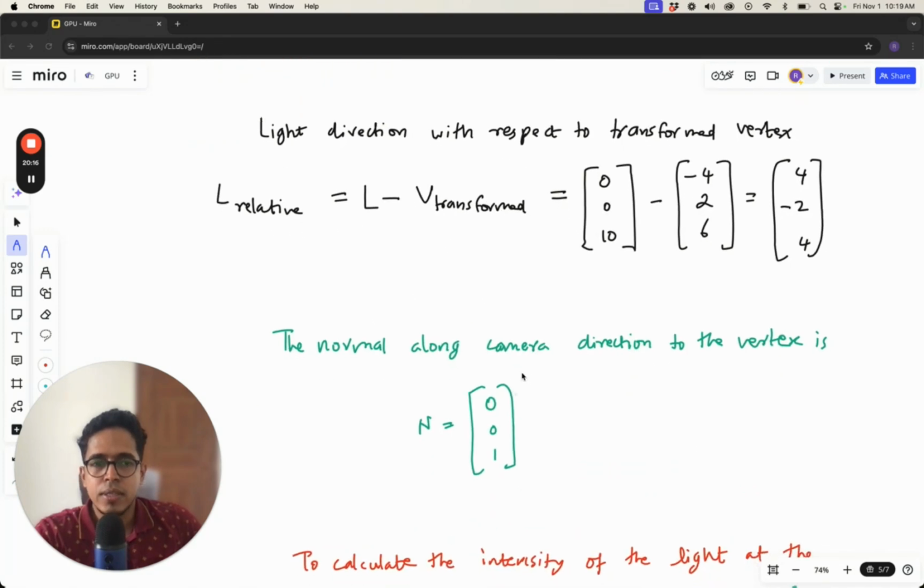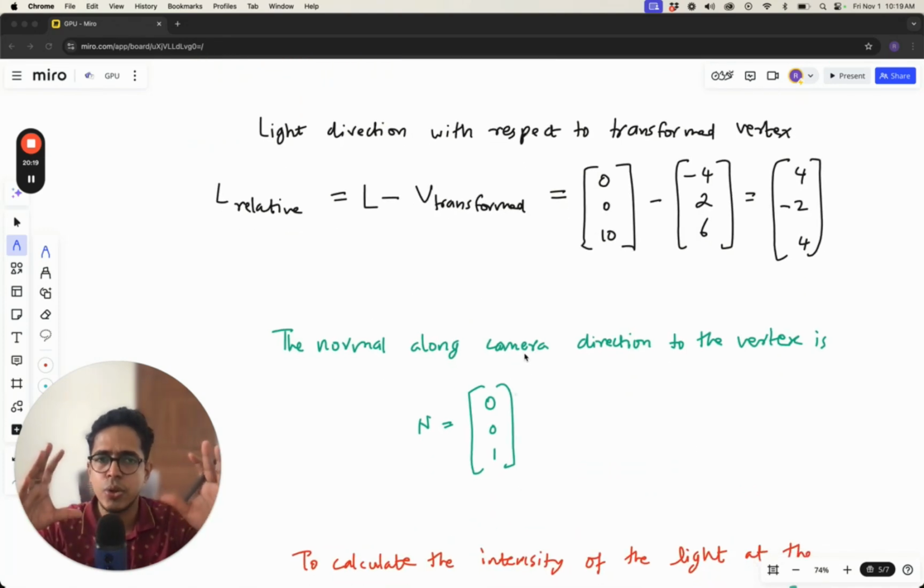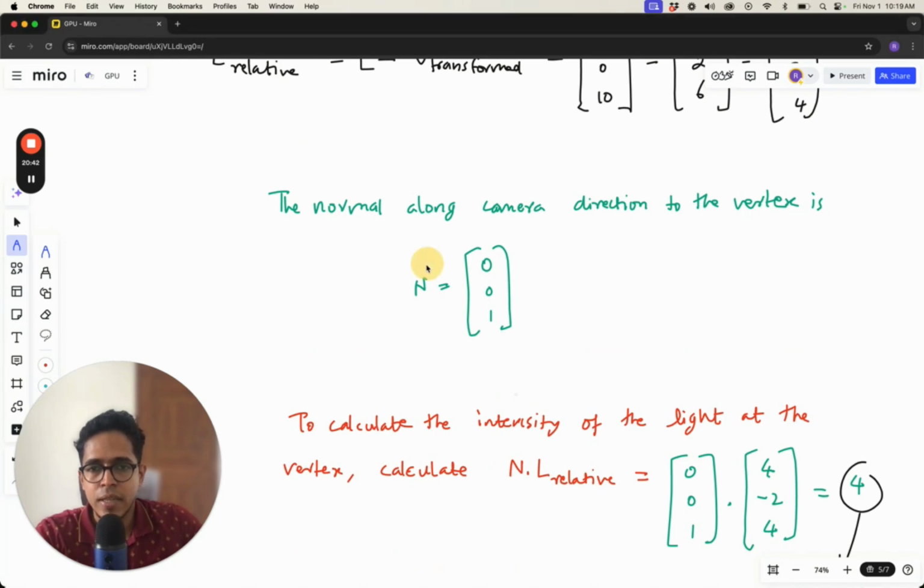Now, this step is just to show you how the intensity of light can be calculated in the simplest way. Now imagine that the camera is pointing along the z-axis. Then the normal with respect to our vertex will be 0, 0, 1 in the z direction, right? From the vertex along the z direction, you have a normal pointing, and that is denoted as 0, 0, 1. And the intensity of light is nothing but the dot product between this normal and the light direction.